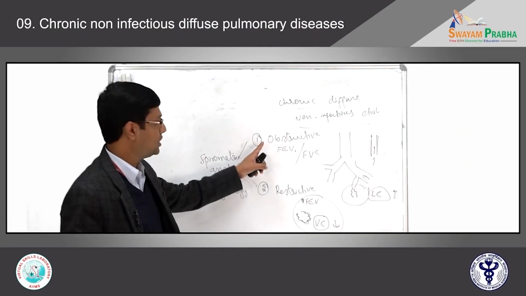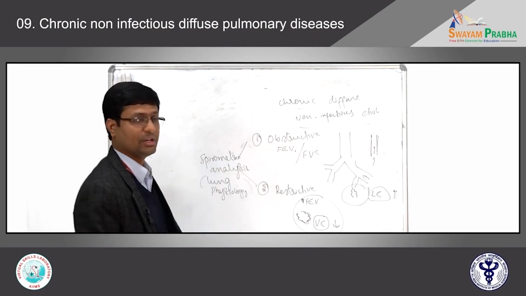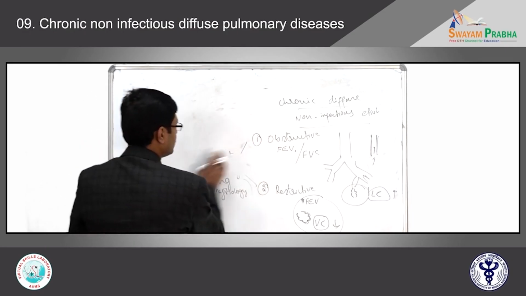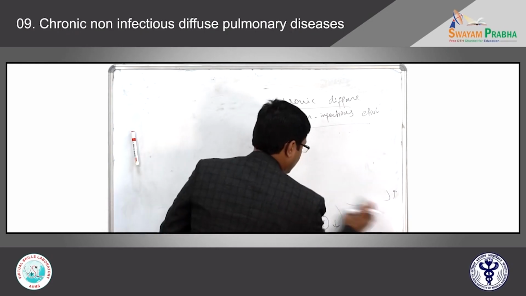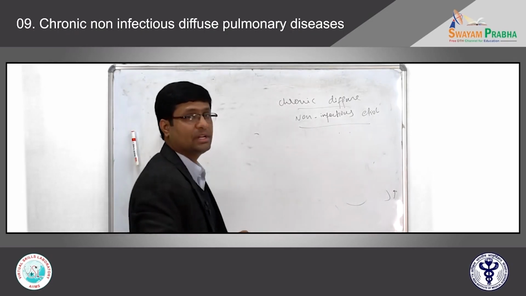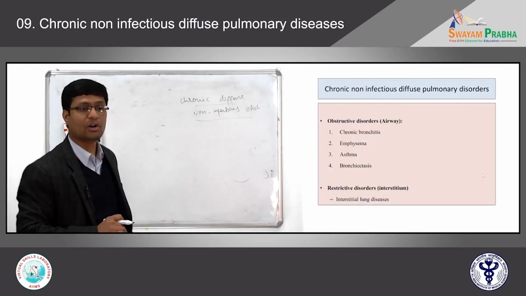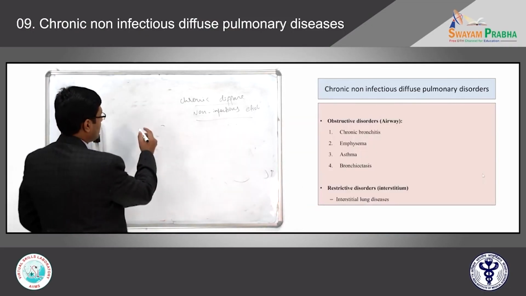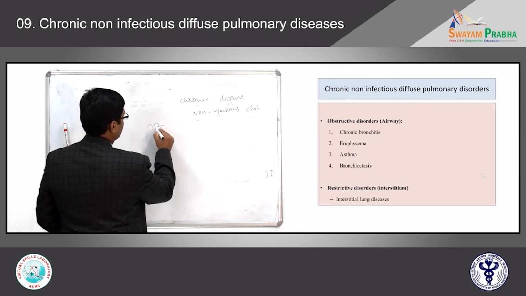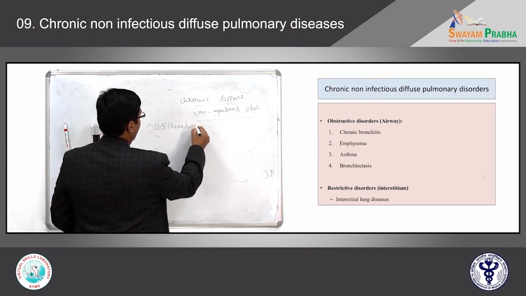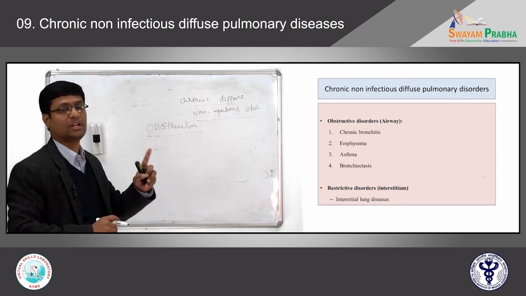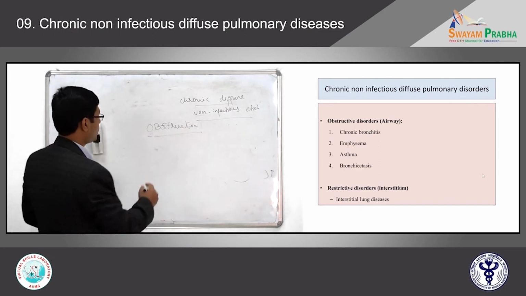So in today's lecture, we'll talk about obstructive lung diseases. What are the diseases which cause obstructive lung physiology? There are 4 important disease categories that all of you should know. I repeat, obstructive lung diseases means it involves the tracheobronchial tree. What are those?